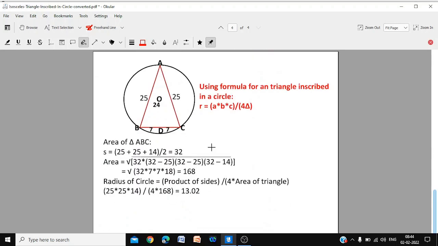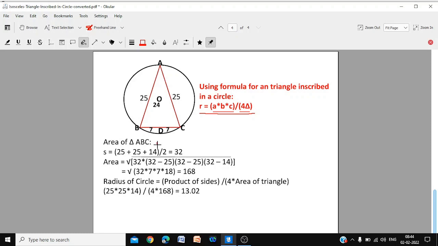Using the formula for a triangle inscribed in a circle, the radius is the product of the sides divided by 4 times the area of the triangle. The triangle is inscribed, that means the circle is circumscribed. So, the radius of the circumscribed circle is given by the product of the sides A into B into C divided by 4 times the area of the triangle.